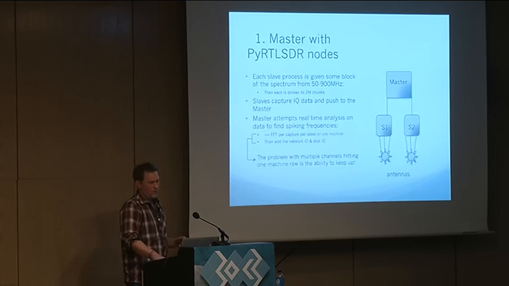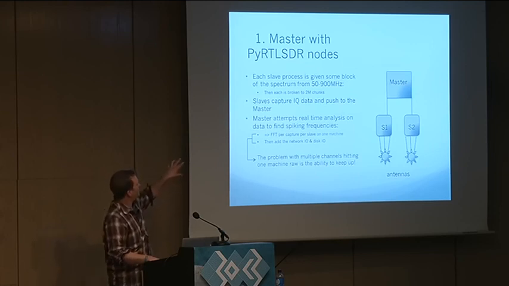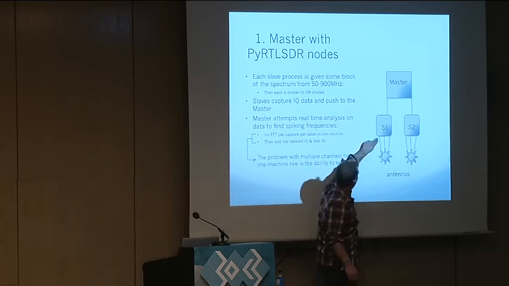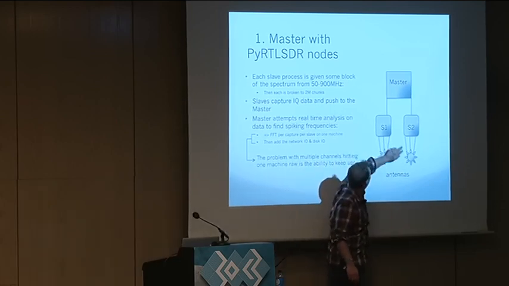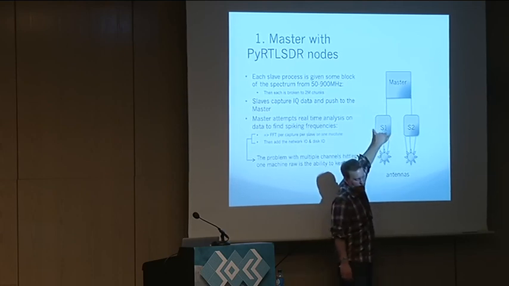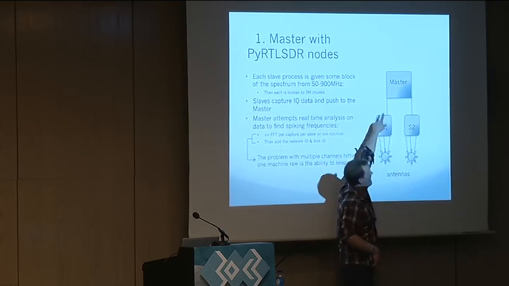So with the first example that I showed, all of the slave nodes, which actually have the RTL SDR devices connected to the antennas, will capture RF data. They'll capture some chunk of sample size, and then push that IQ data back to the master.